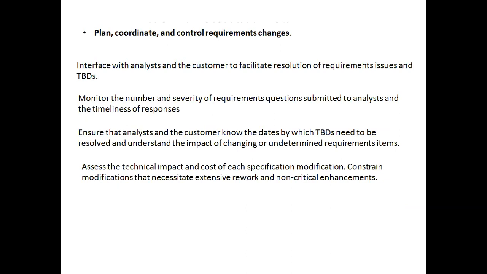Next one is to plan, coordinate, and control requirement changes. What does the management team do? First, it does planning, staffing, and arranges whatever other resources are required. Next is the planning, coordination, and control of requirement changes.